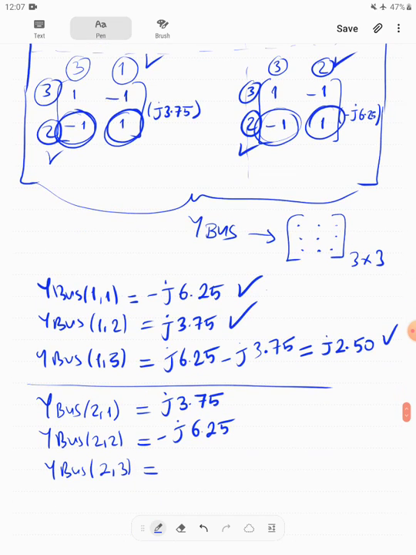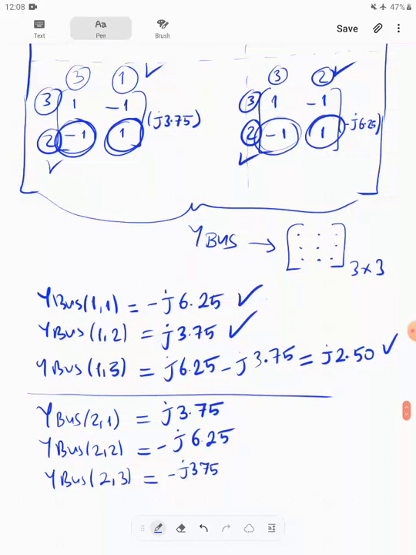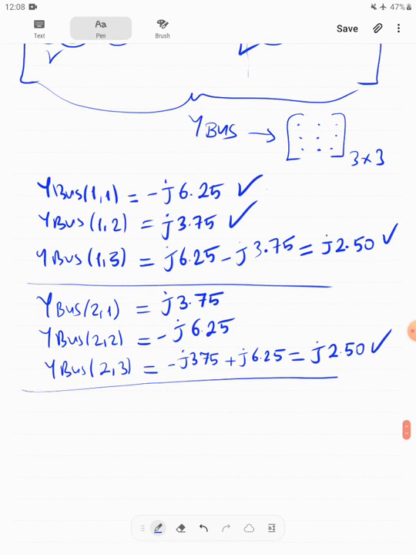So minus j3.75 plus j6.25, and the answer is j2.50. Second row of Ybus is completed.